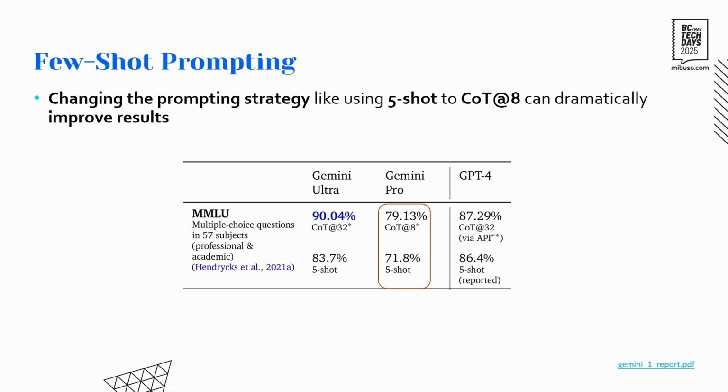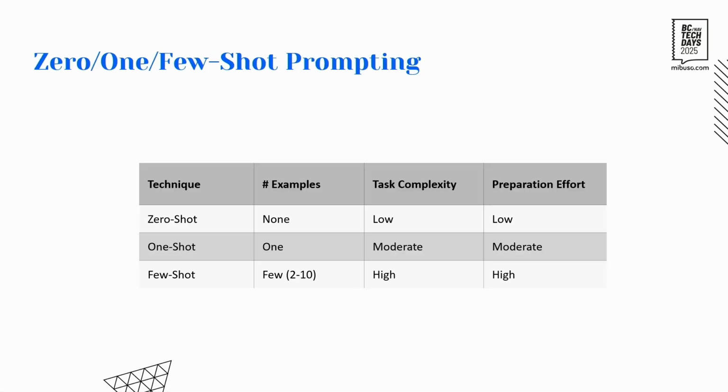Depending on your task, whether it's complex or simple, it can help tremendously if you had more examples, if it was a more complex task. Because the more examples it can see, the more likely it is to understand what you really want as the answer. And for the Ultra, it also went up.